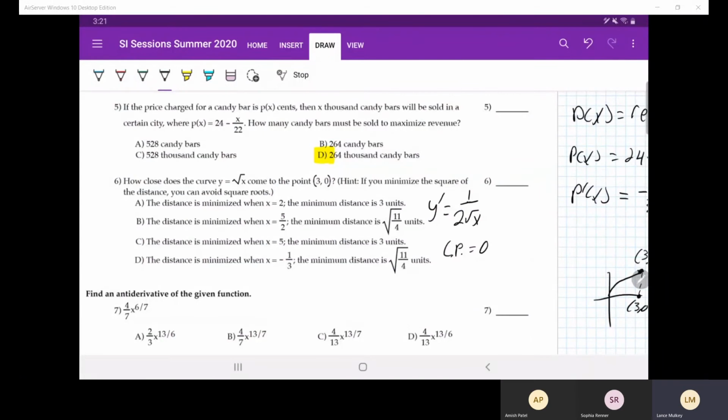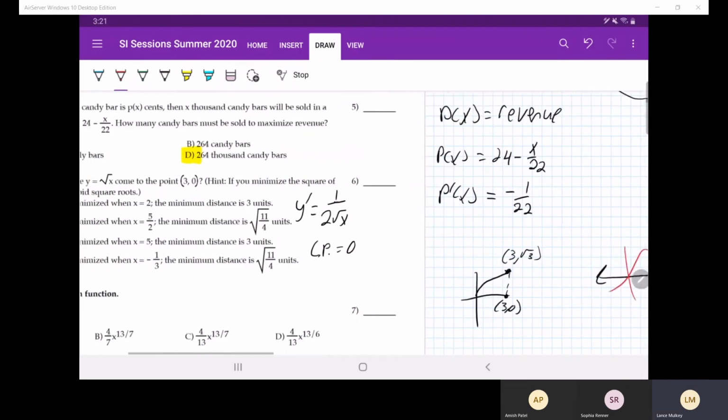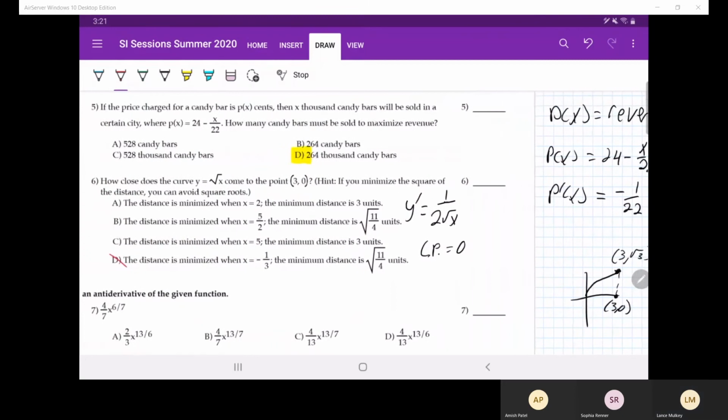My best bet would be B, because x can't be negative. What did y'all get, A, B, or C? No, it was B. Okay, that would be my guess.